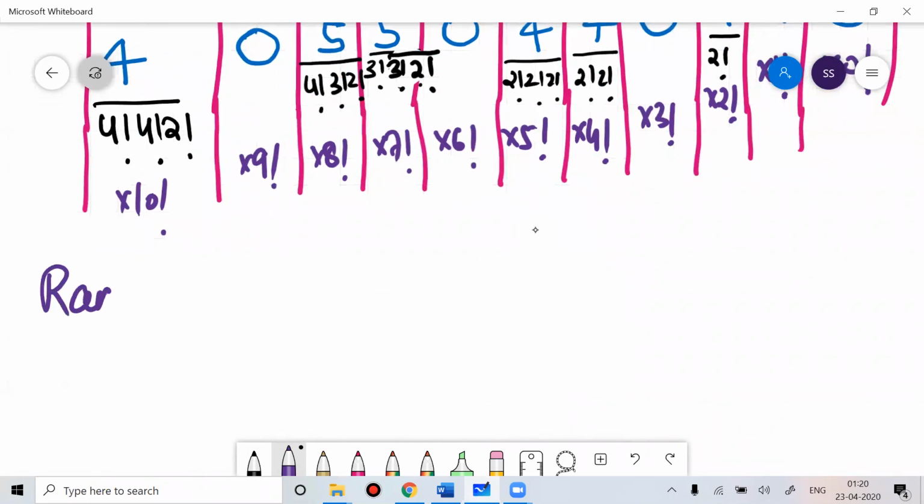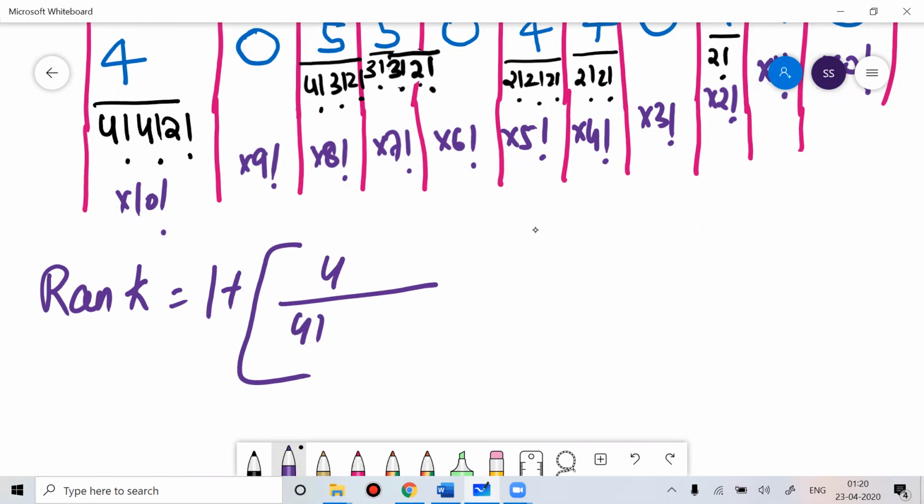So your final ranking is 1 plus 4 divided by 4 factorial, 4 factorial, 2 factorial into 10 factorial. Let me minimize this.